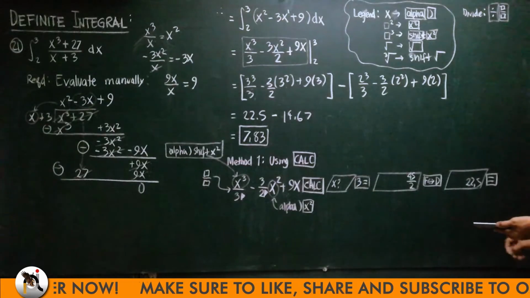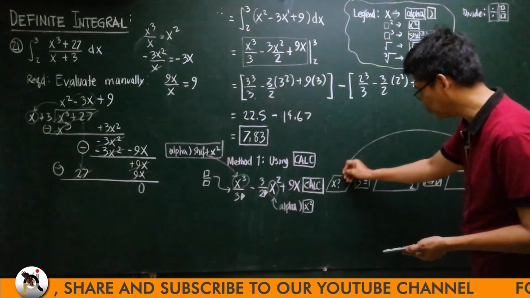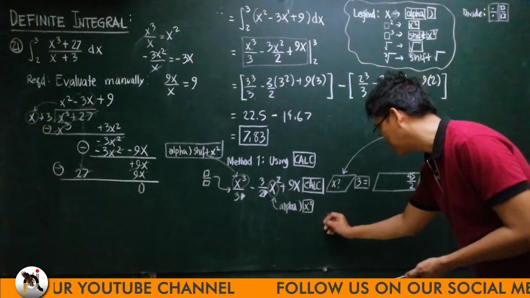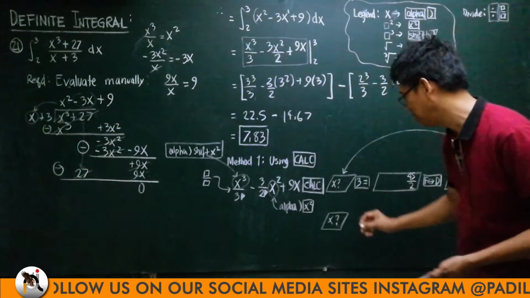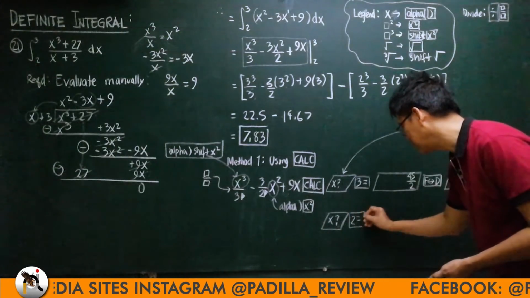Once you press equals, your calculator will return you to this stage. Your calculator will ask you again, what is your x? You just input the second value, the lower limit, that is 2. Then press equals.